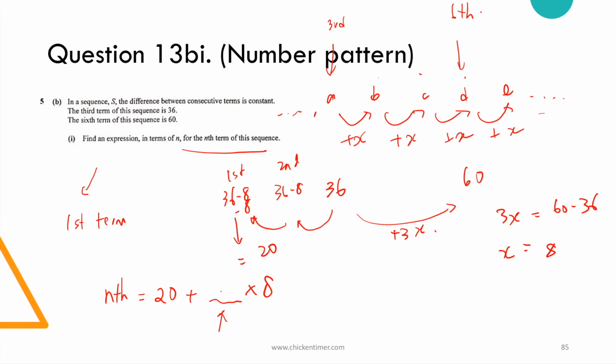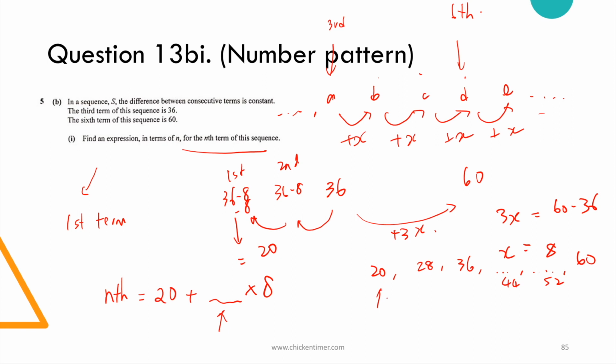So from the first term to the second term you plus 8. So we examine: it's 20, then we have 28, then 36, then 44, then 52, like that.